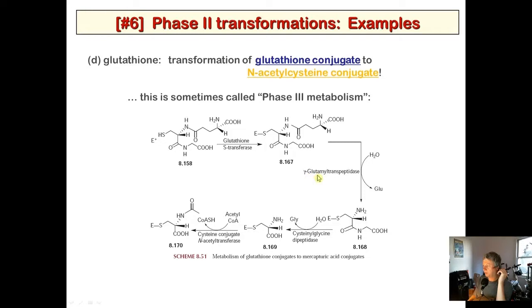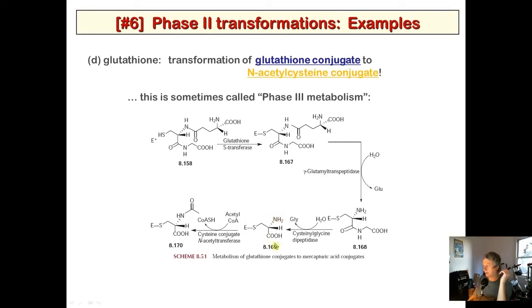It's gamma-glutamyl transpeptidase, and that is essentially a hydrolysis enzyme in this case. So it cleaves that bond, leaves the amine, and then we still have a glycine, and then another enzyme, cysteinyl glycine dipeptidase, is a protease essentially, or a peptidase that cleaves this bond between the glycine and the cysteine, and that leaves you with essentially cysteine, right?